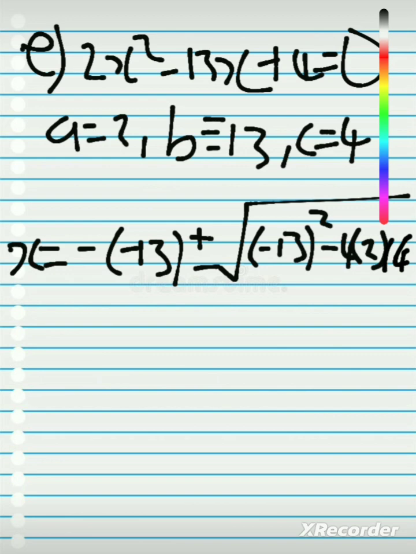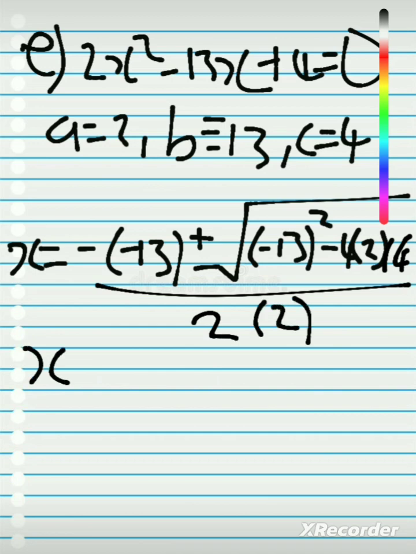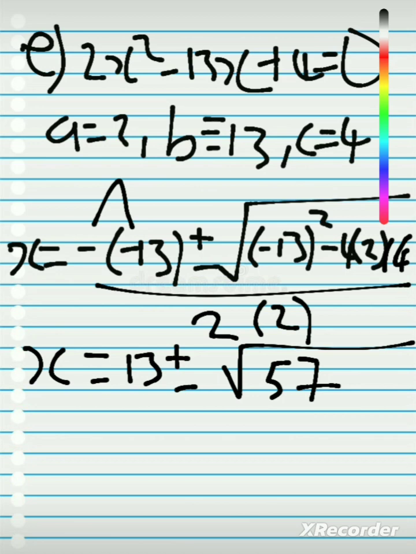Okay, so over 2A. Our A is 2. So it's going to be x. Negative times negative is 13, plus or minus square root of, inside the brackets, when we punch there, we're going to get 57, over 4.